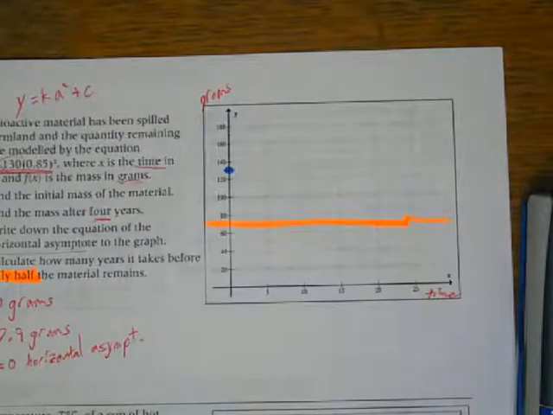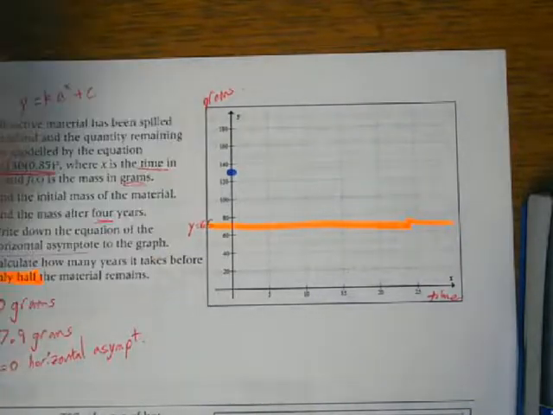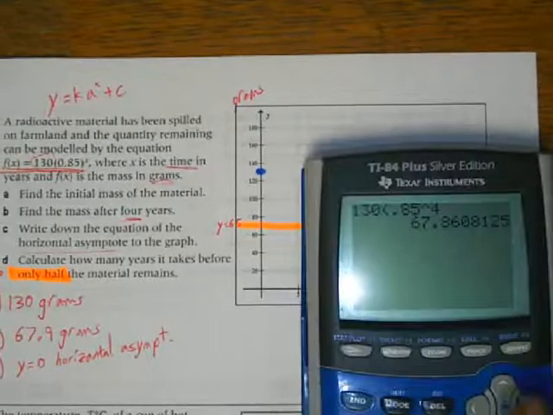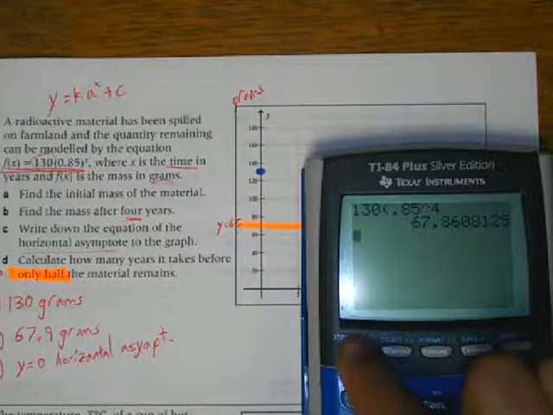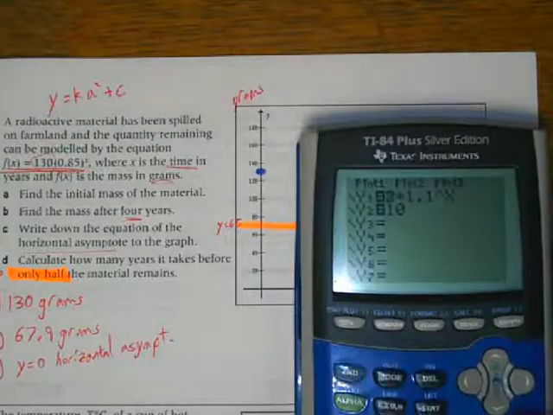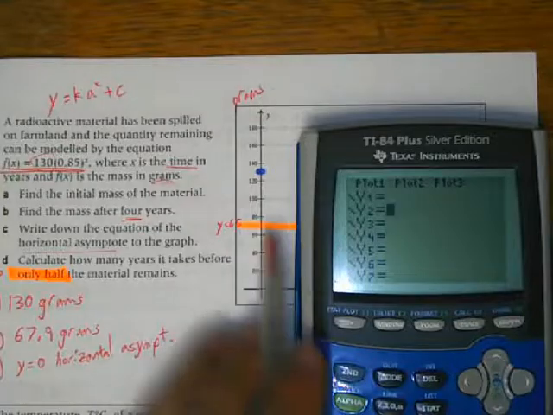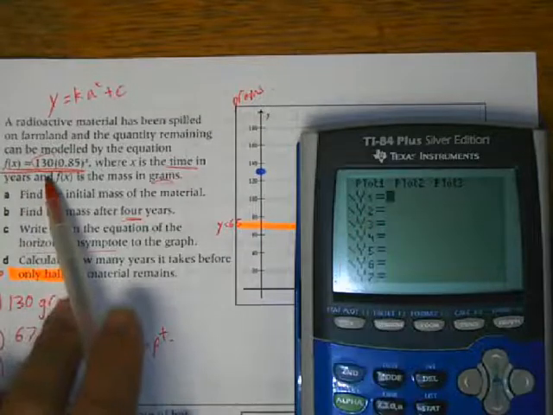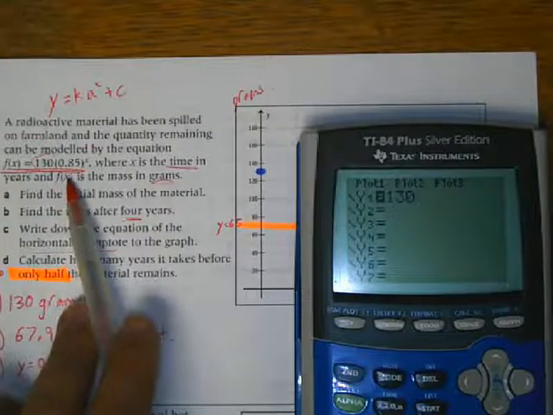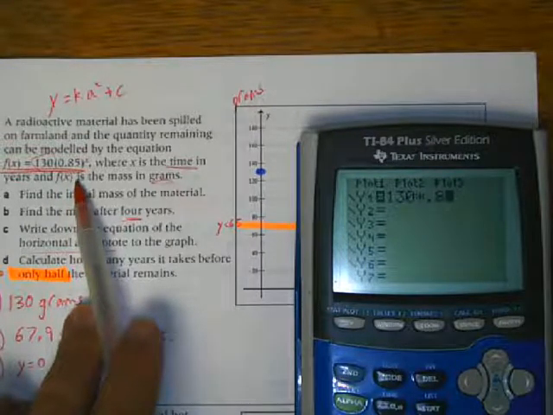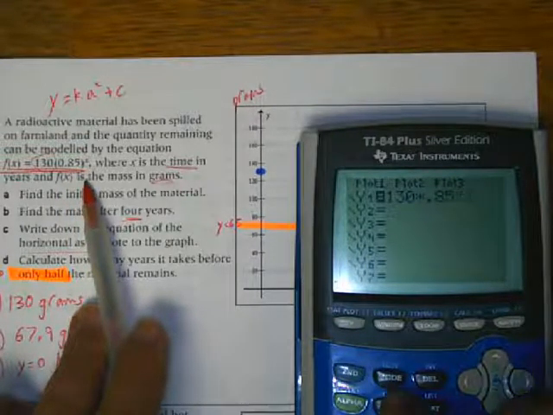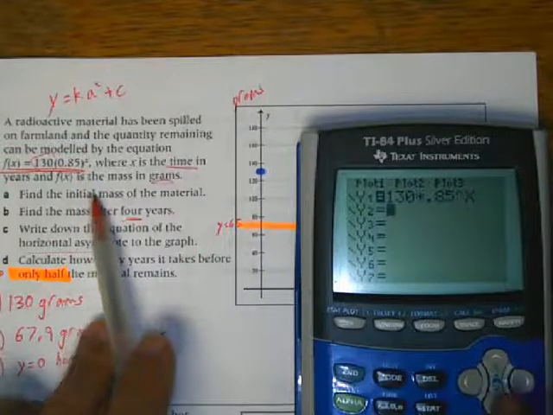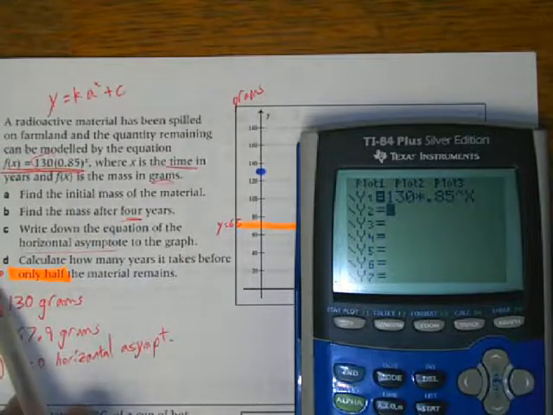And we're going to try to calculate this. Y equals 65. So let's type in our equations. I'm going to hit y equals. And the equation is 130 times 0.85 to the power of x. And the other equation is going to be y equals 65.